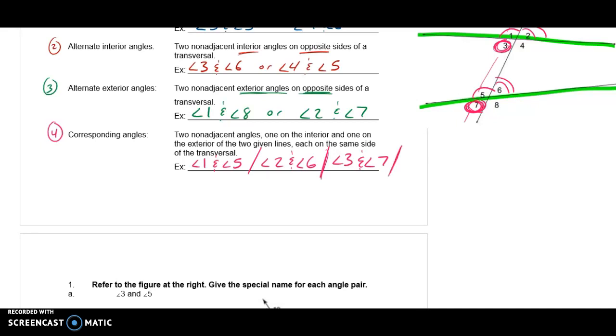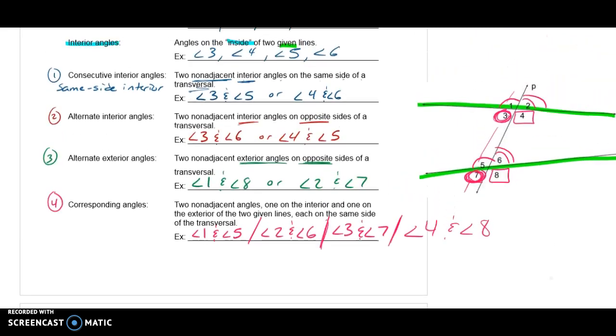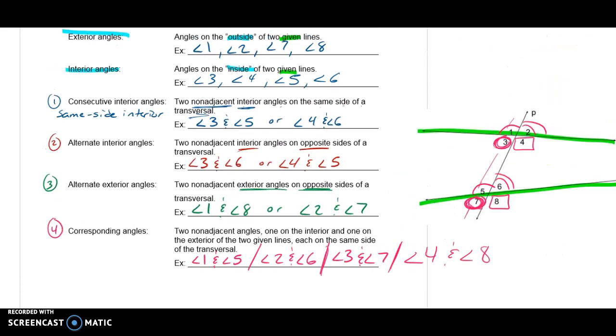And lastly, angle 4 and angle 8. All four of those are options of corresponding angles. So now that I listed them all, you want to make sure you study these key terms to be ready for any vocab, any identifying that we need to do for the rest of this unit.